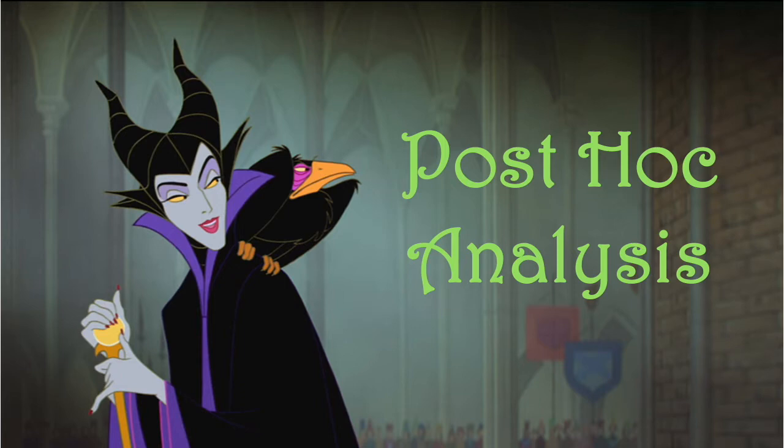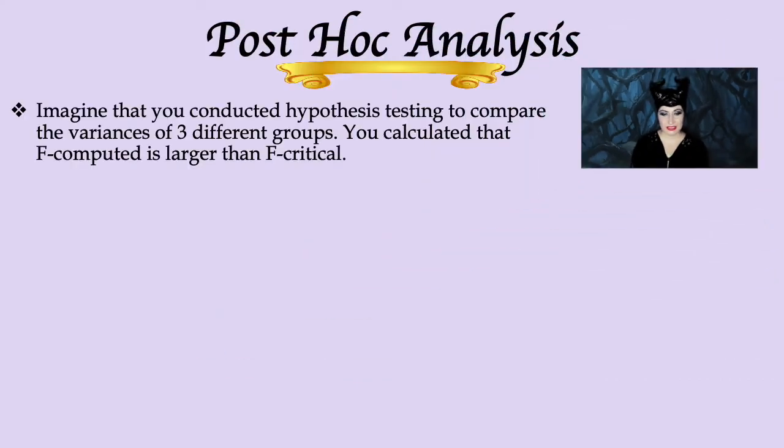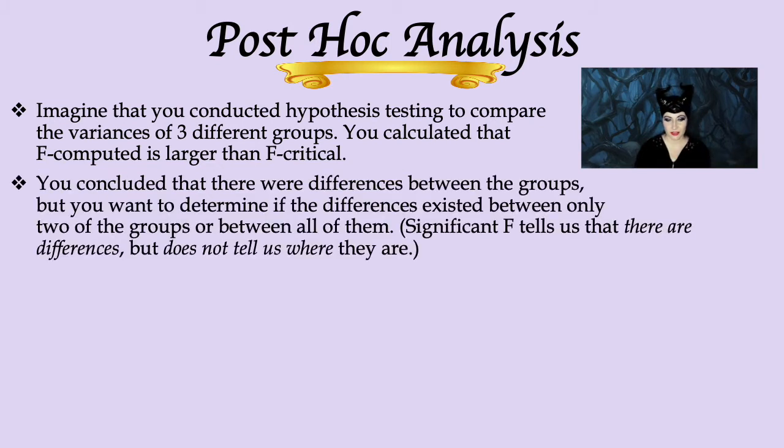This is fairly new information, and the post hoc analysis is typically conducted as a step 8 after you've written your conclusion. So imagine that you conducted hypothesis testing to compare the variances of 3 different groups. You calculated that F computed is larger than F critical.